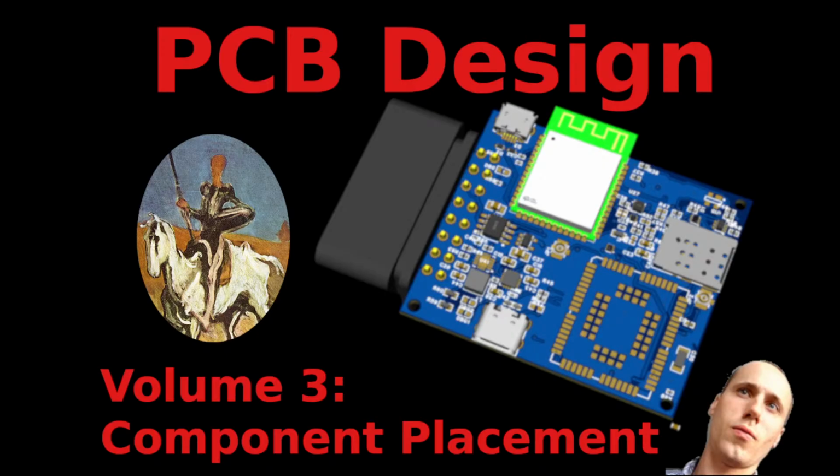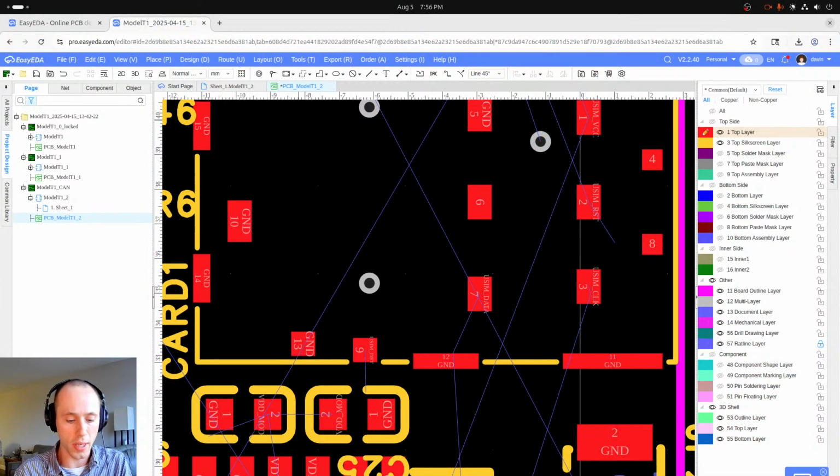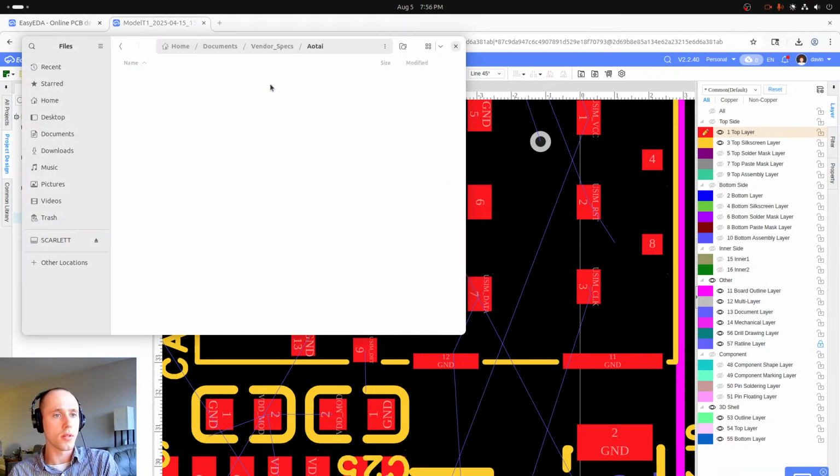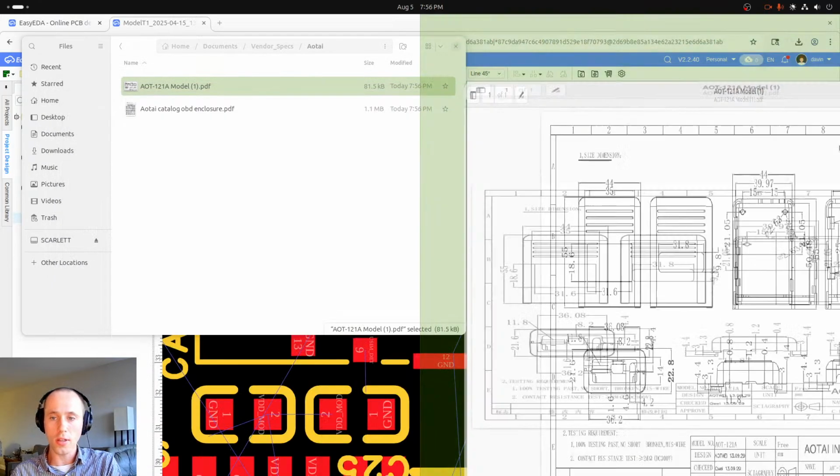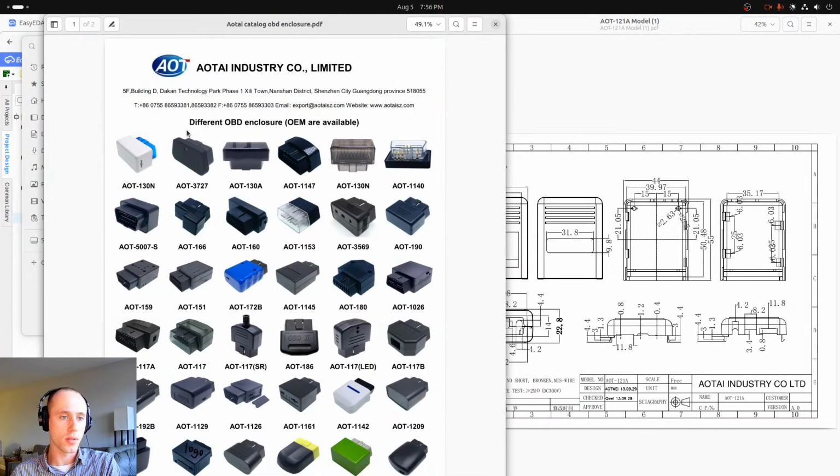Okay. Now I should be able to Control-Alt-2 and come back on. Yeah, there I am. Okay. So AOTI. So these are the mechanical drawings. So which one?